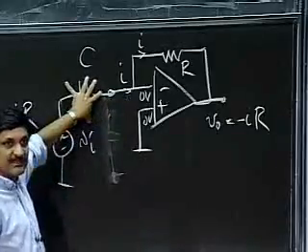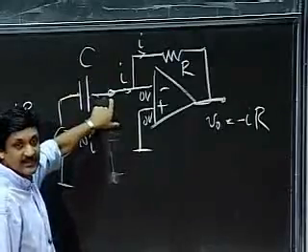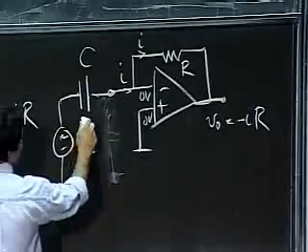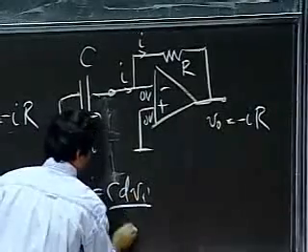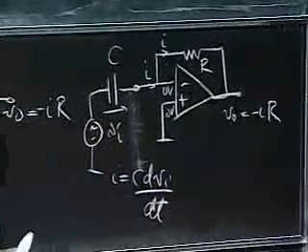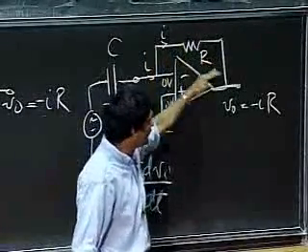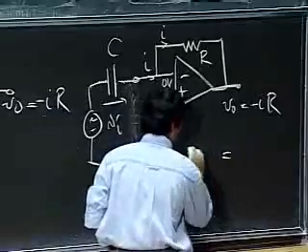So as far as this poor little capacitor is concerned, it's chugging along merrily thinking that it's connected to ground. Little does it know it's only a virtual ground. But the current I here is simply C dVi dt. And since that current is C dVi dt, that current flows through here and gives me V naught as IR.